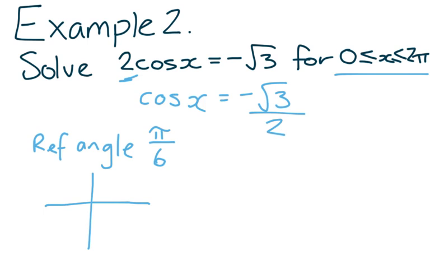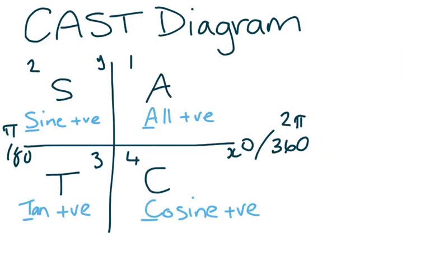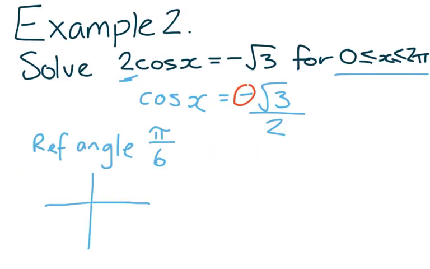You can see I've circled the negative value there for you. The negative means we're looking for when cosine is negative, which, if we go back to our CAST diagram, is in quadrants 2 and 3, the left-hand quadrants. So I would draw my reference angle in here and in here, pi on 6.